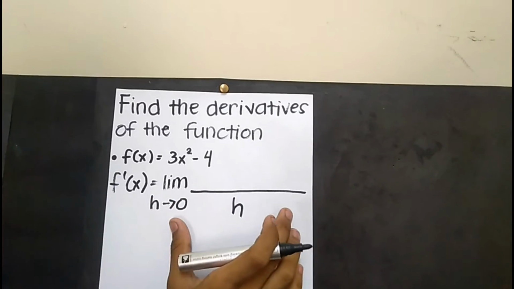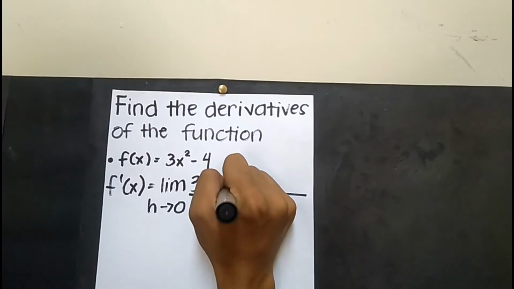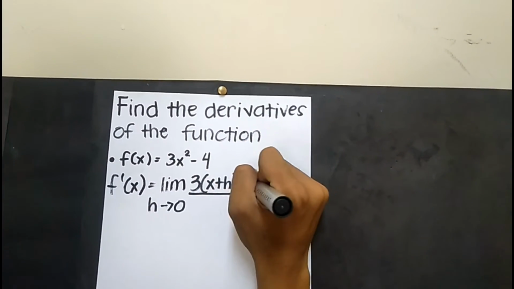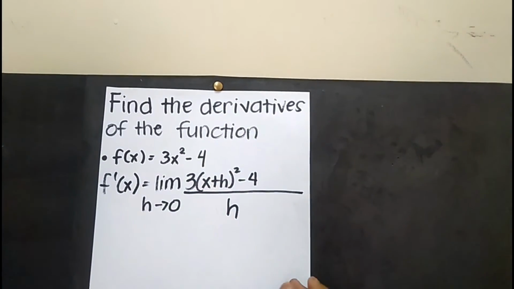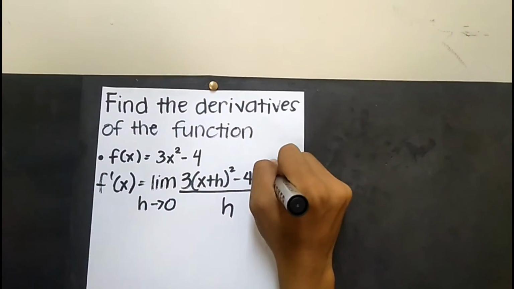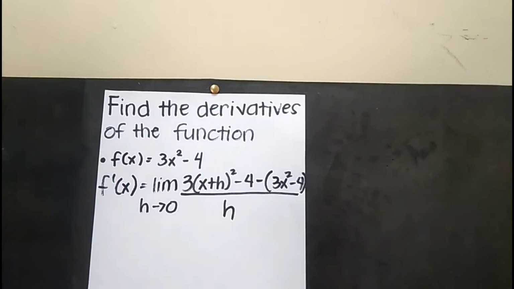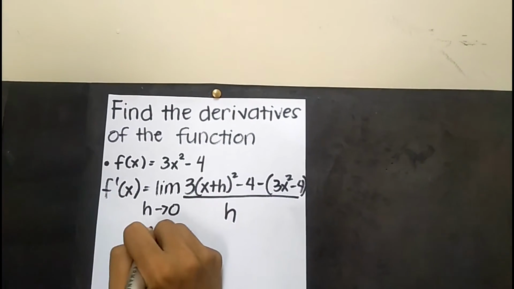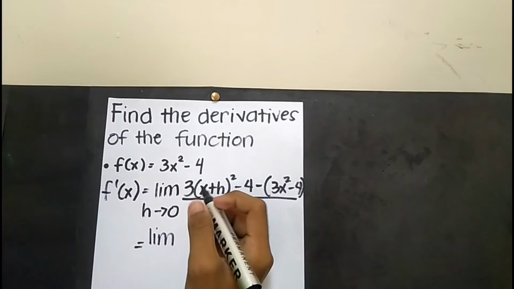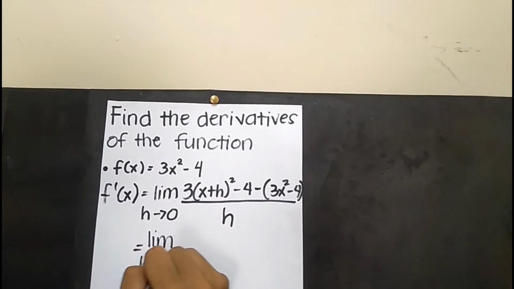So your expression would be 3 times the quantity x plus h squared minus 4, and copy the f of x, which is 3x squared minus 4. Second, expand the square of the quantity x plus h.